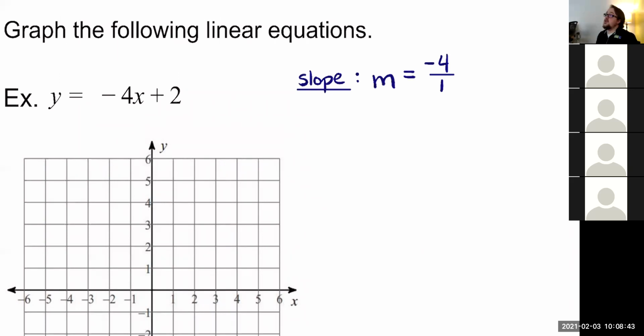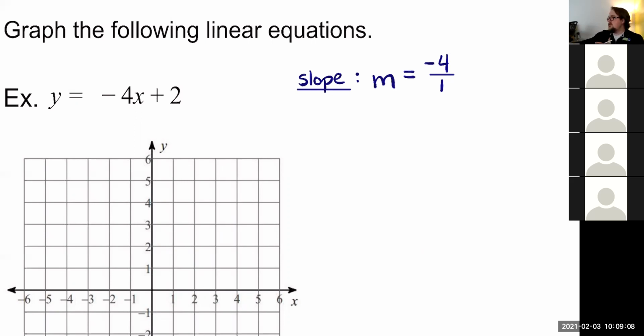Here's the reason why you wouldn't want to accidentally write -4/-1: what would a double negative turn into? A positive. And you don't want to change a slope that is clearly negative accidentally into a positive. So if there's only one negative sign to begin with, don't put an extra one in there. So our slope is -4/1.